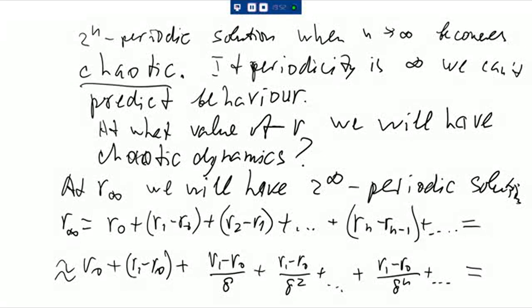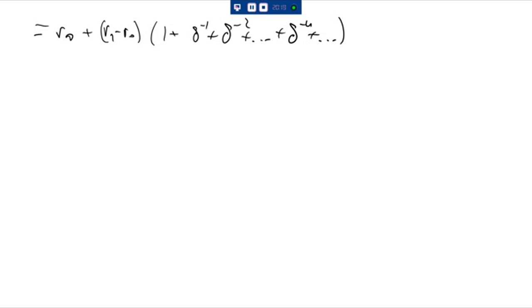Now this equals r naught plus, now we can take r1 minus r naught outside of brackets. It's a common factor, and what is left is 1 plus delta to the power of minus 1 plus delta to the power of minus 2 plus so on plus delta to the power of minus n plus so on. So this is a geometric sequence. And this can be represented as r naught plus r1 minus r naught times 1, it is the sum of a geometric series, over 1 minus delta to the power of minus 1.